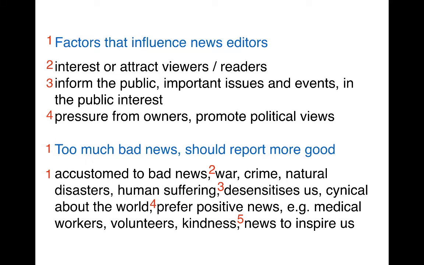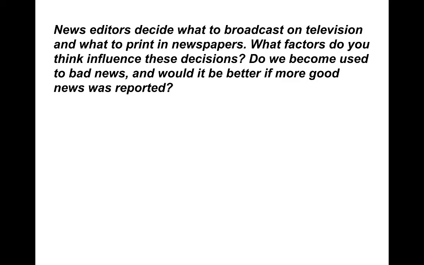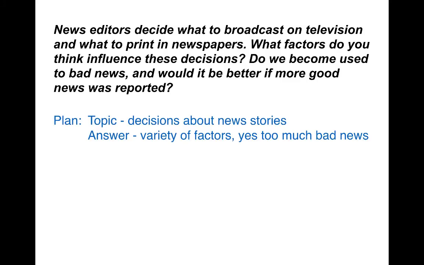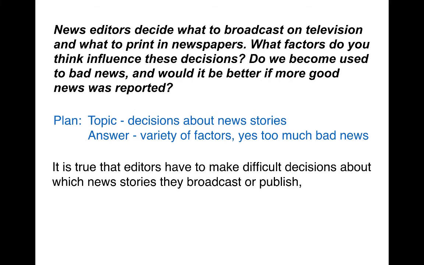We have to go back, of course, to the introduction, back to our question and our plan, and then we'll just take the 2 parts of the plan and write 2 sentences. Starting with the topic then, decisions about news stories. It is true that editors have to make difficult decisions about which news stories they broadcast or publish.